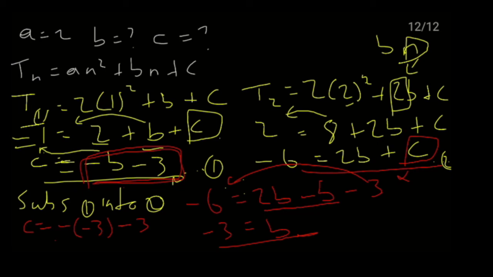So negative 3 is positive, and then minus 3 is 0. So your c equals 0, right?